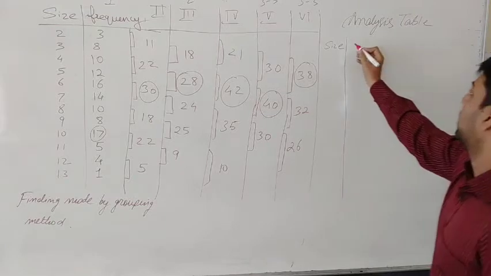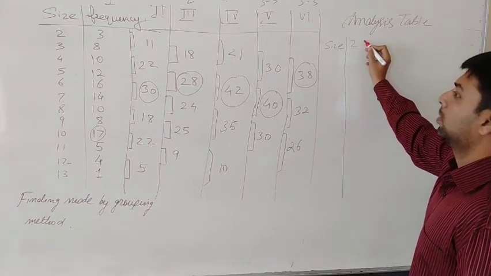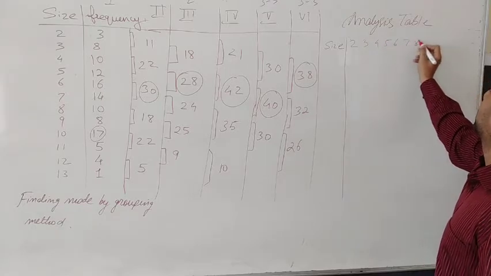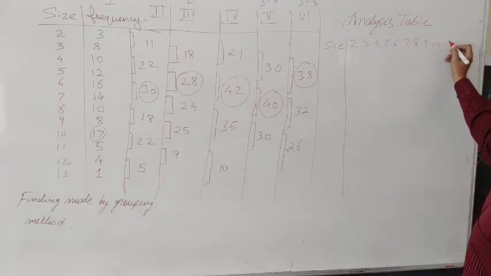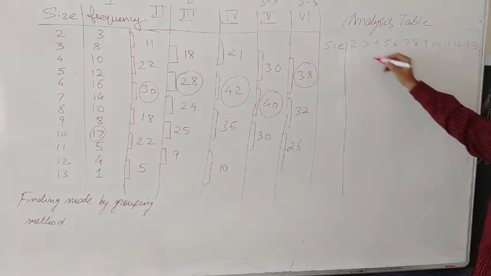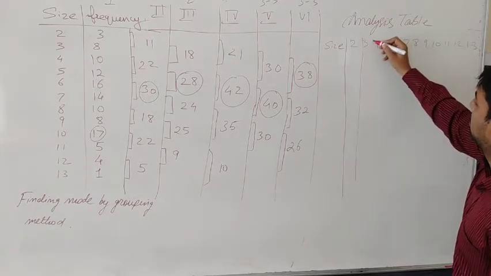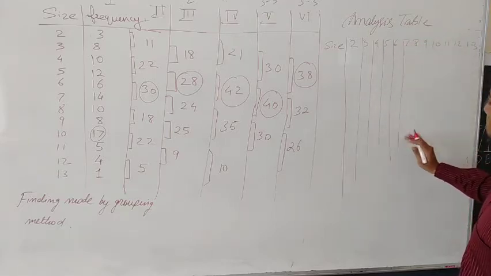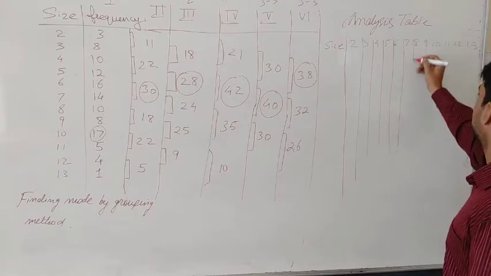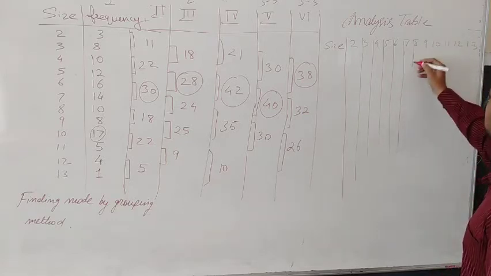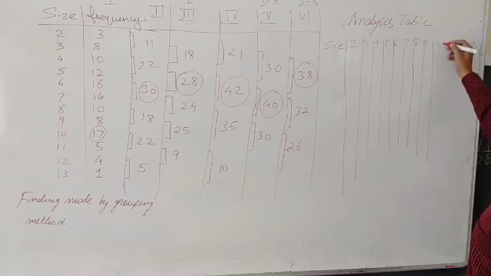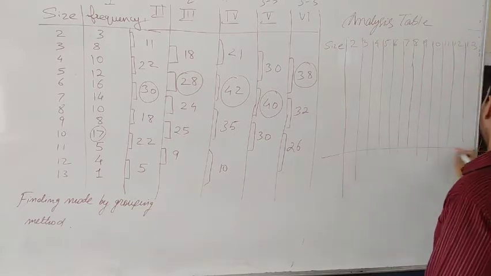Everything is given, so we will be writing 2, then 3, 4, 5, 6, 7, 8, 9, 10, 11, 12, 13. I am simply marking everywhere. Draw it like this. Then here 10, then 11, and then 12. Fine. We won't be requiring that much.